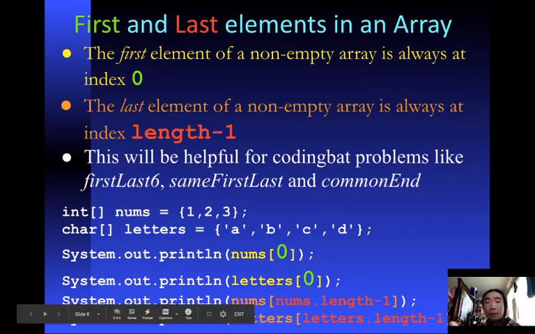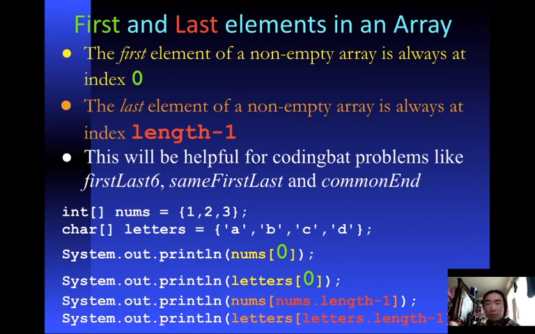This in red is the shortcut for the last element. So the last element inside the nums array is 3. And then the last part, letters square bracket letters.length minus 1. It's the last thing inside the letters array. So that's the letter D. Yep, 3 and then D.